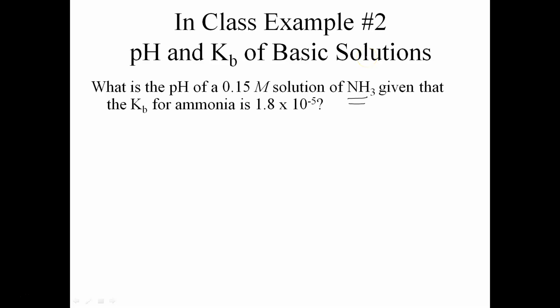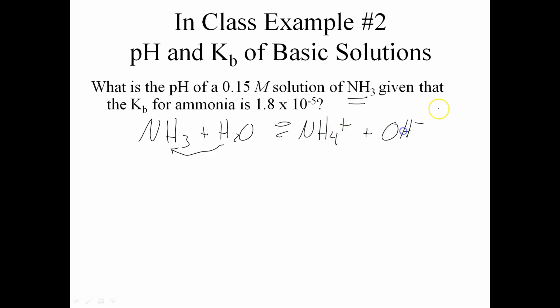NH3 is a base. Bases are proton acceptors. So we have to write our equation showing that, right? So let's do it. So we have NH3 plus water. It's a proton acceptor. It's accepting a hydrogen from water. We're going to get NH4 plus and OH minus.